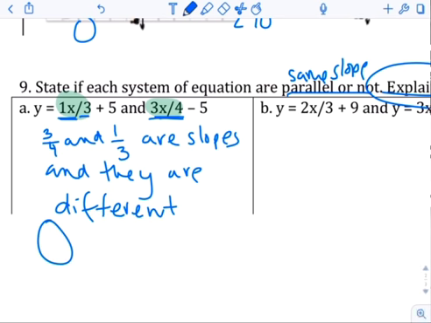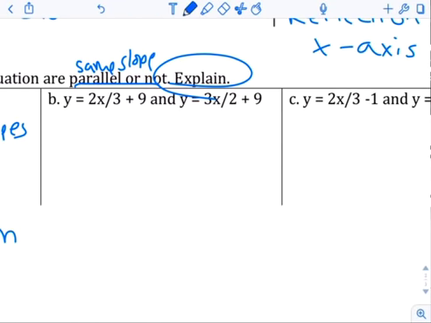This is called one solution then. Okay, same thing here. Your slope here is 2 over 3. Slope here is 3 over 2.